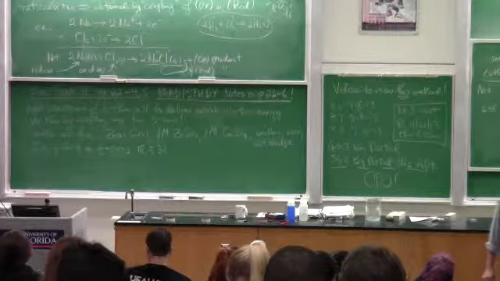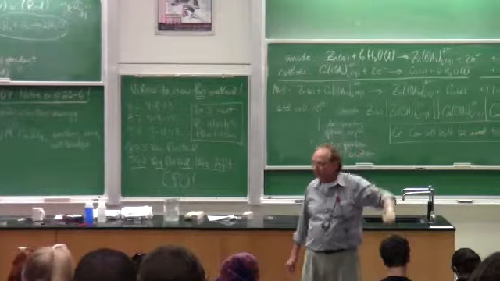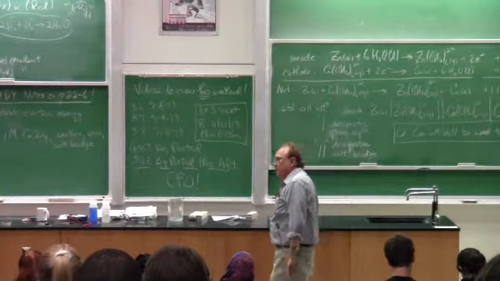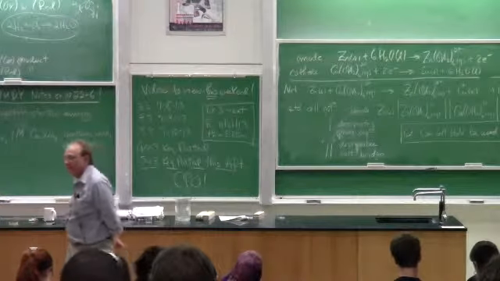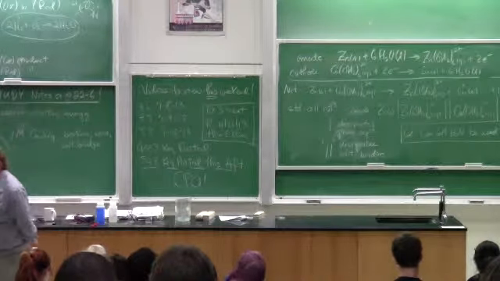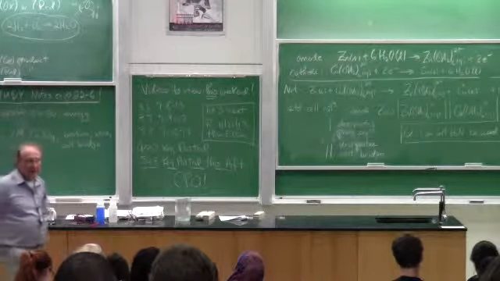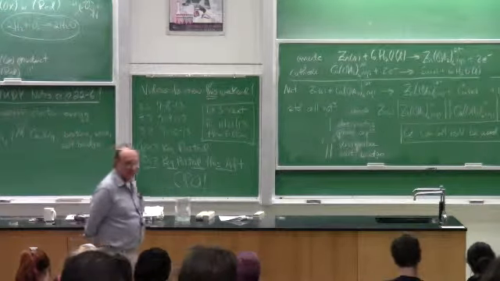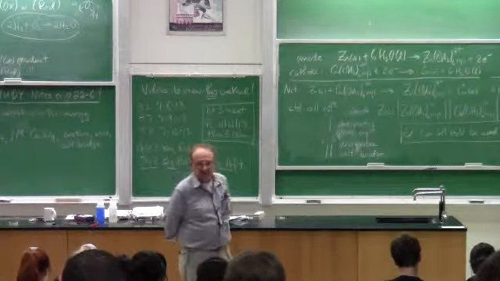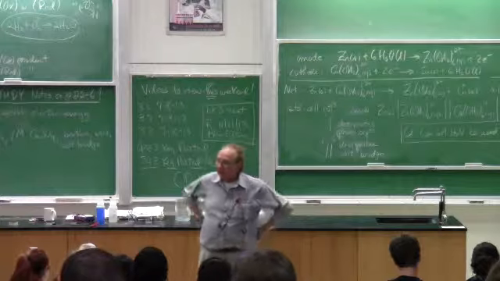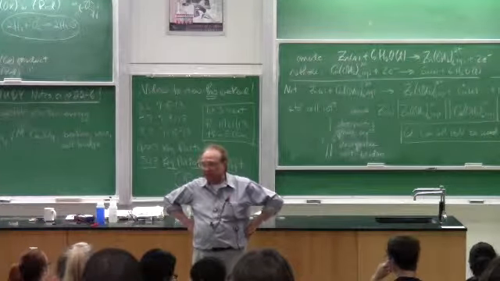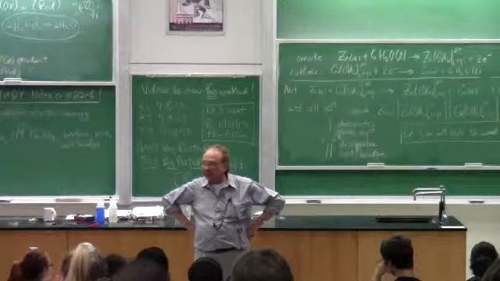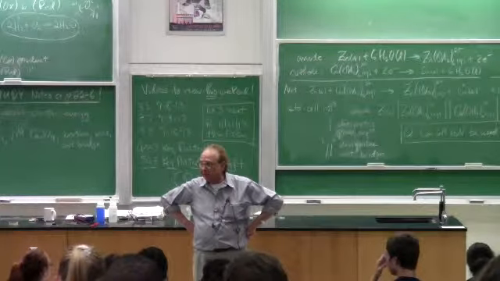Top left of the table in half reaction number 1. So look at the tail end of the table and tell me the weakest reducer listed in this table. Fluorine. Practically speaking, if you want to make fluorine, you have to make it by electrolysis. You can't make it chemically. How are you going to make it chemically if it's the weakest reducer there is?